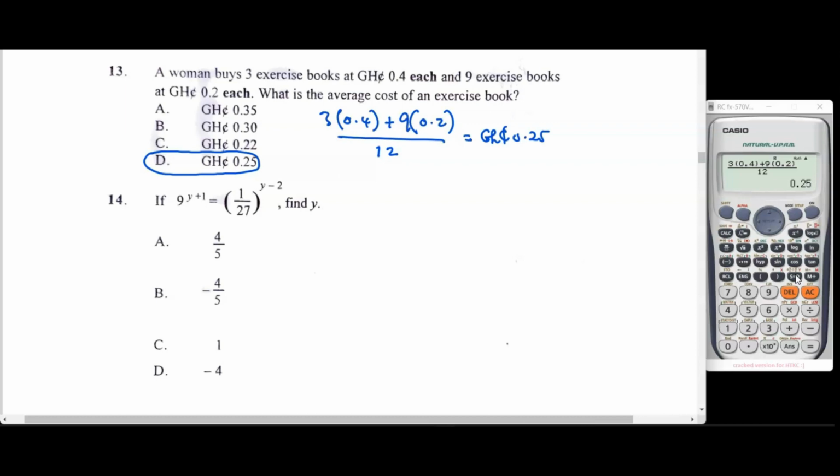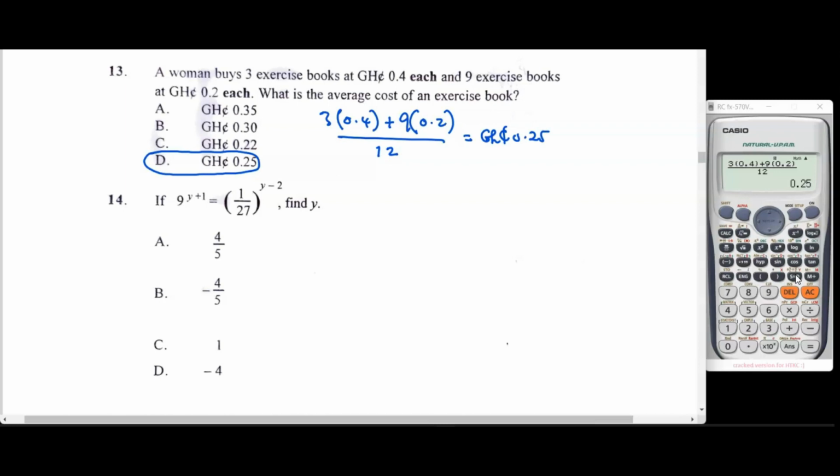Now, question number 14 says that we should determine the value of 9 raised to the power y plus 1 equal to 1 on 27, all raised to the power y minus 2. Find the value of y. If you look at this question carefully, it's about indices. So you just have to change both sides of the equation to a common base so that you can deal with the powers.